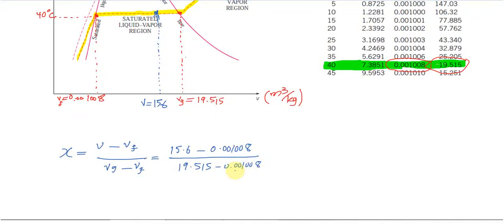Remember that x doesn't have any unit, so 15.6 minus 0.001008 divided by 19.515 minus 0.001008. I get x equals 0.7993, or I can write it as 79.93%.